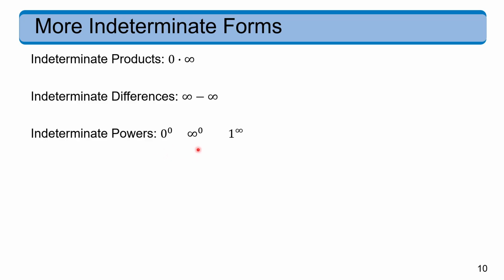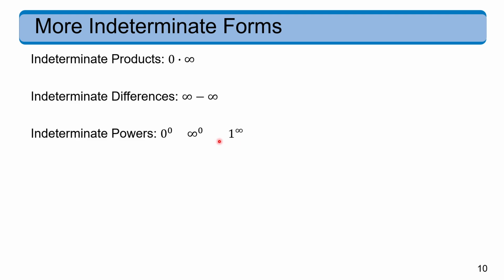The next one, infinity to the power 0. So if the base is getting infinitely large, that tends to pull the exponential to be infinitely large. But the exponent approaching 0 pulls the expression to 1. So again, they're competing. And then the last one, 1 to the infinity.